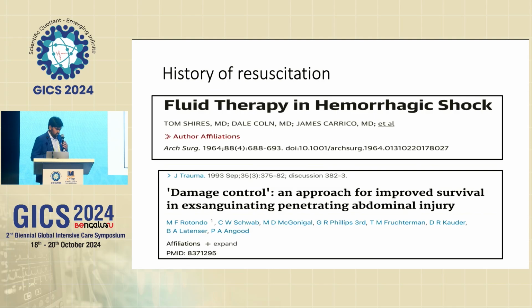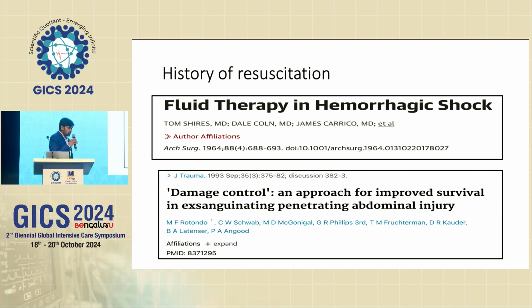So coming to this, there is an interesting history to resuscitation. It was in the 1960s. The majority of our resuscitation comes from the battlefield, where Shires et al. told that resuscitation should be with large volume crystalloid. In spite of high mortality, this was the practice followed for nearly 40 years.